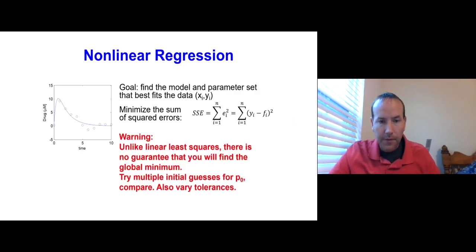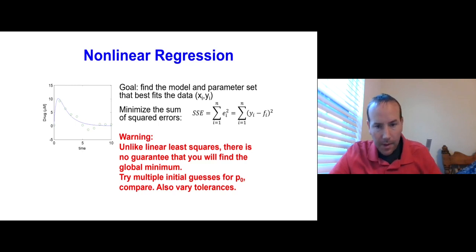Okay, so a few things that you need to watch out for in nonlinear regression that you didn't need to worry about before when we were dealing with linear regression. Remember, when we looked at linear regression, it was guaranteed to find a single solution, at least if it was determined.